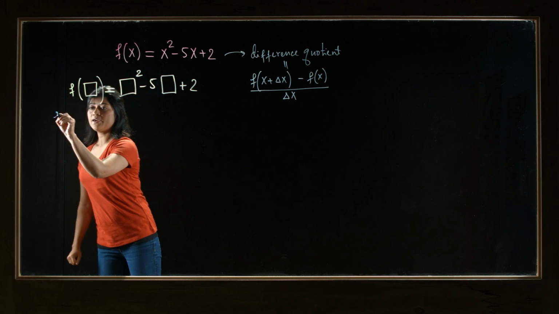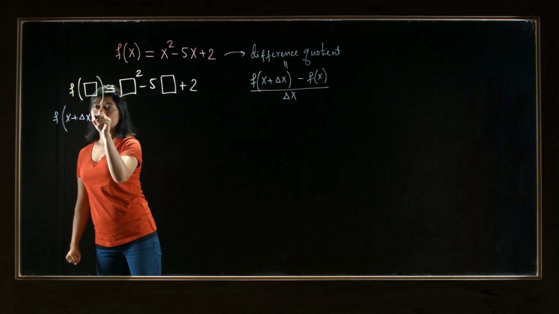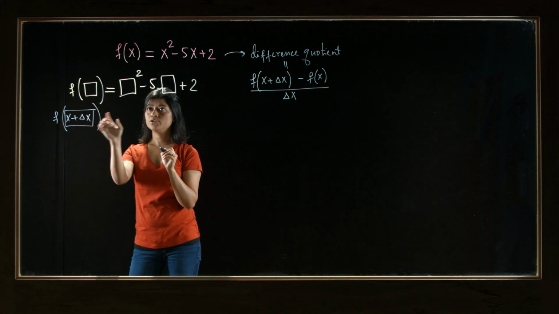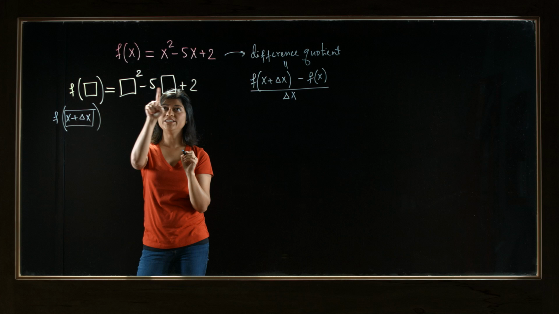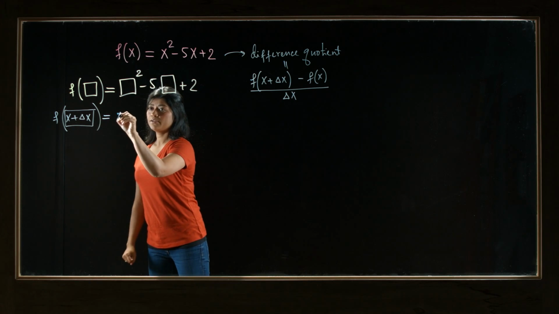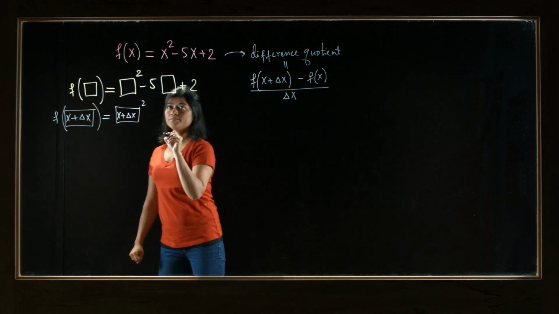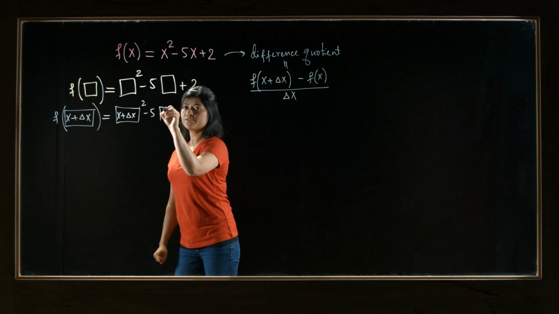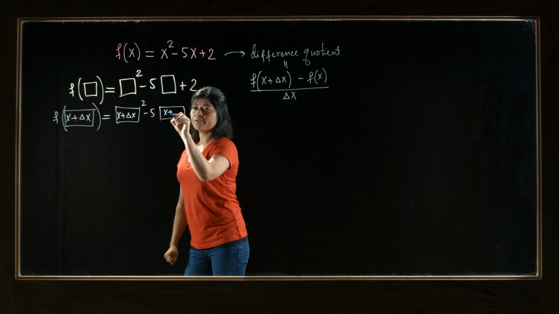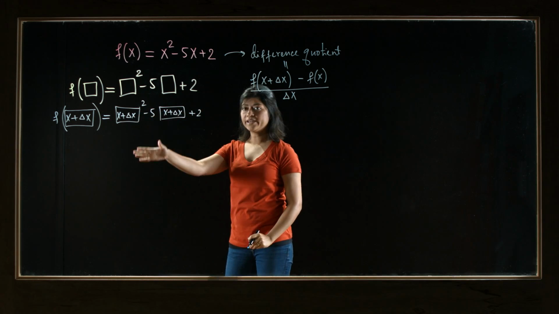So, what is f of x plus delta x? Remember, this is now inside that empty box. So, you plug that expression in each of these boxes. Okay, so right-hand side you have x plus delta x, square it, then minus 5 times, again you have x plus delta x, and then plus 2. Let's simplify it here.